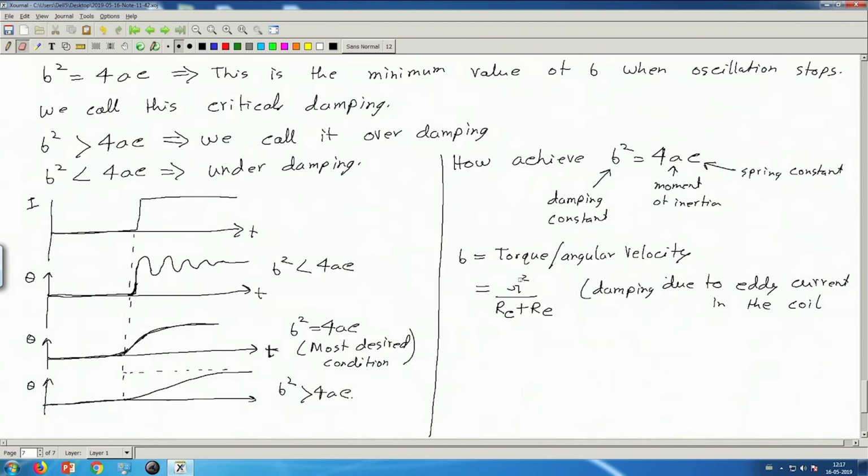So let me put the value. It is equal to BA square by former resistance, for damping due to eddy current in the former.